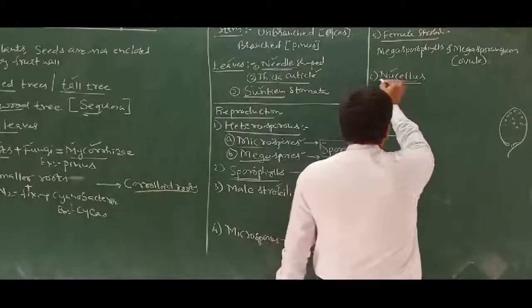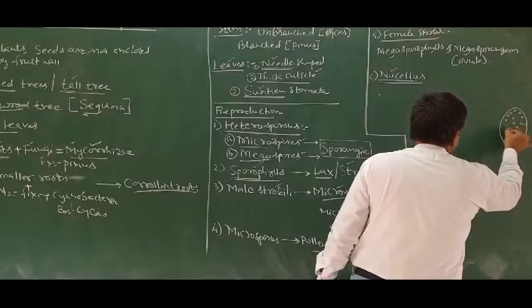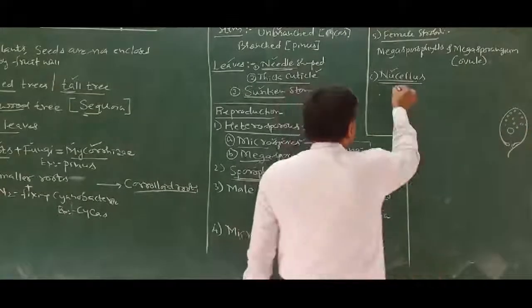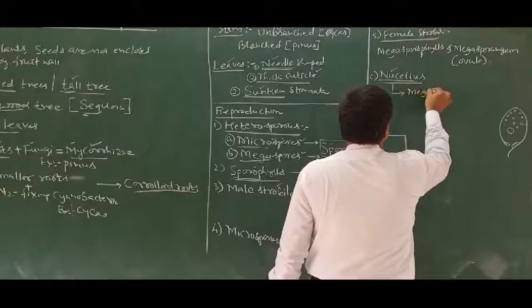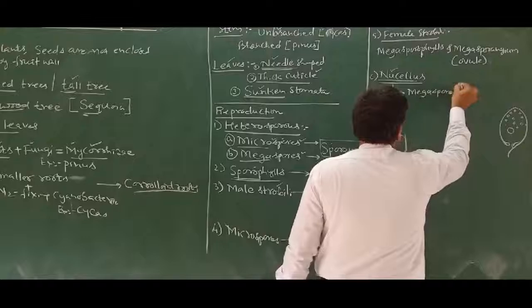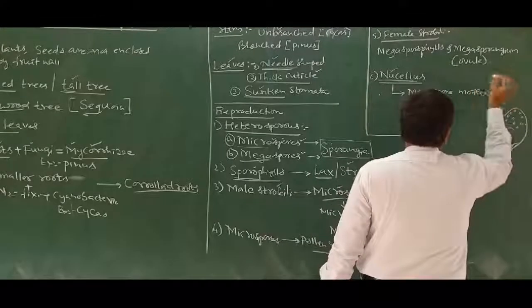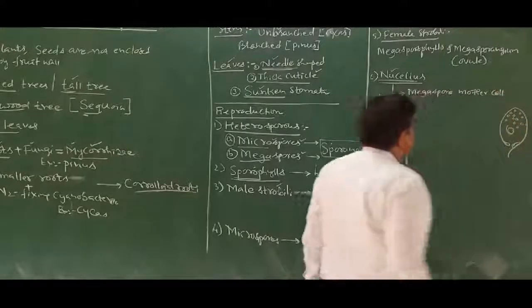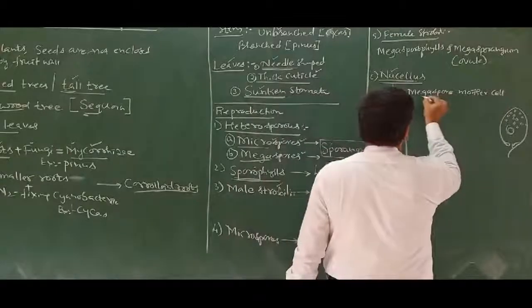From this nucellus tissue, one cell undergoes differentiation, and this differentiated cell is called a megaspore mother cell.